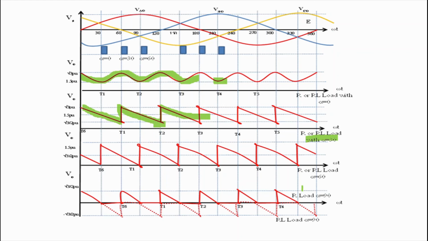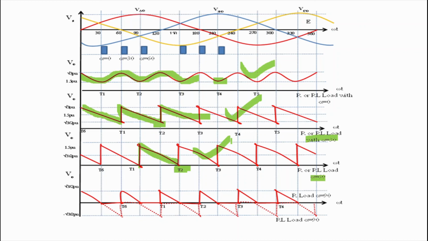And for alpha equal to 60 degree, as I told you in my previous slides, the minimum value of the waveform is 0. It means as we increase the value of alpha, the minimum value of the waveform decreases.